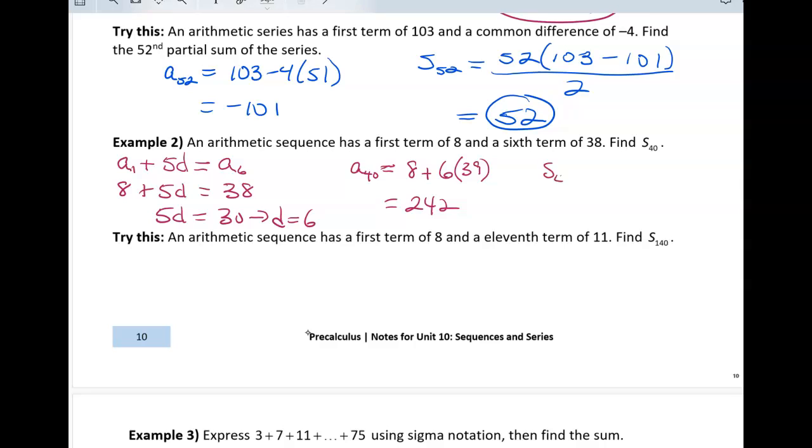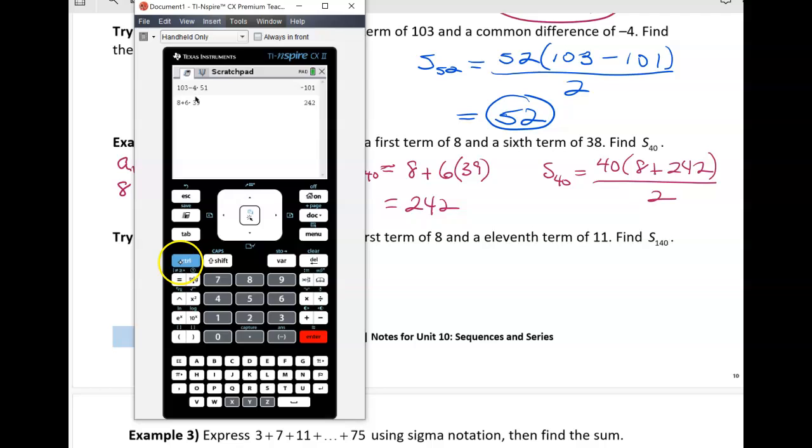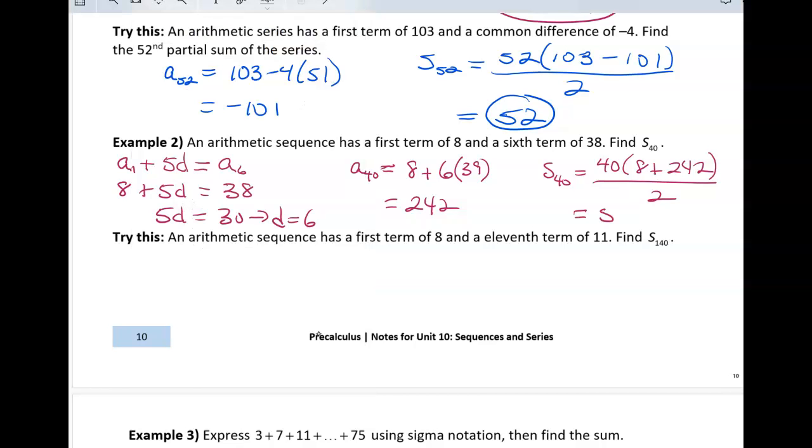And now we can use the sum formula. The sum formula for 40 terms is 40 times the first term, 8, plus the last term, 242, all divided by 2. Control divide on the calculator gives us that horizontal fraction bar. 40 times 8 plus 242, all divided by 2, is 5,000.